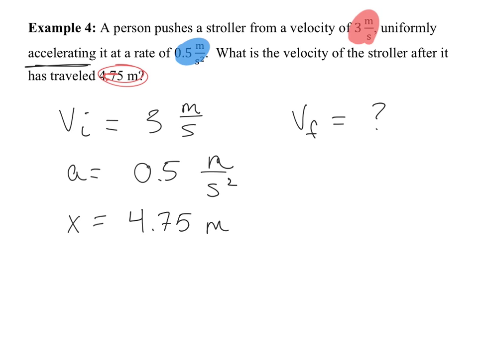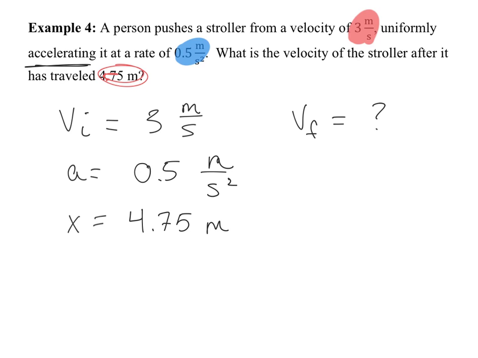Nick? For the distance, do you have to write delta x? No, again, remember, in these problems, in the formula you used a moment ago, x equals Vi t plus 1/2 a t squared, that x was solving for the overall displacement. So we're still looking at displacement here. If you want to use the term delta, you can. And you just assume that the person started from 0, from 0 to 4.75.